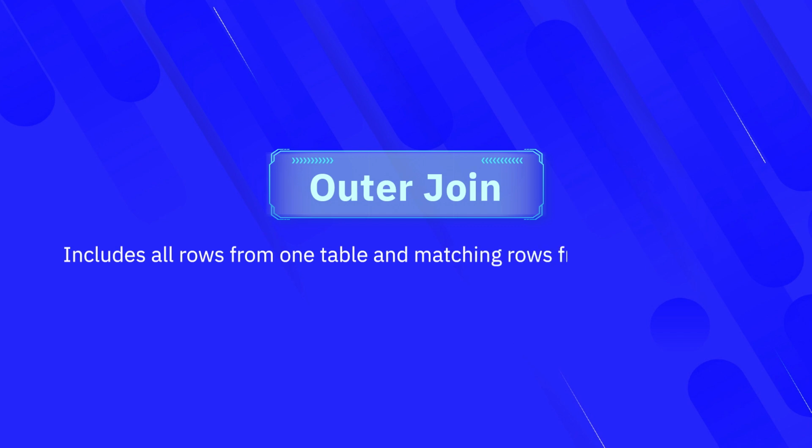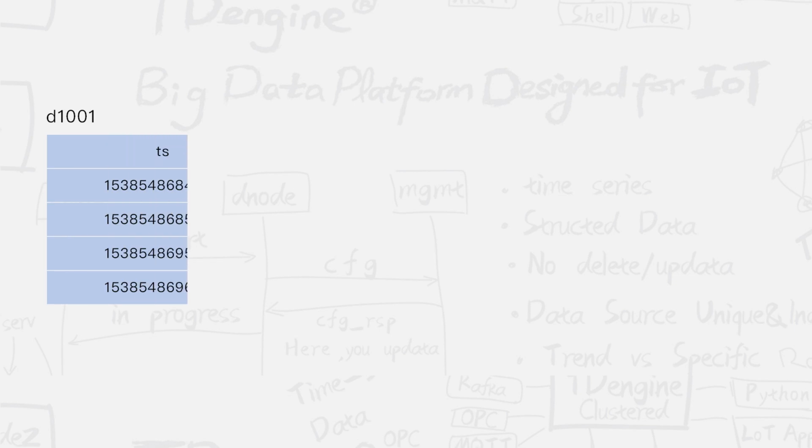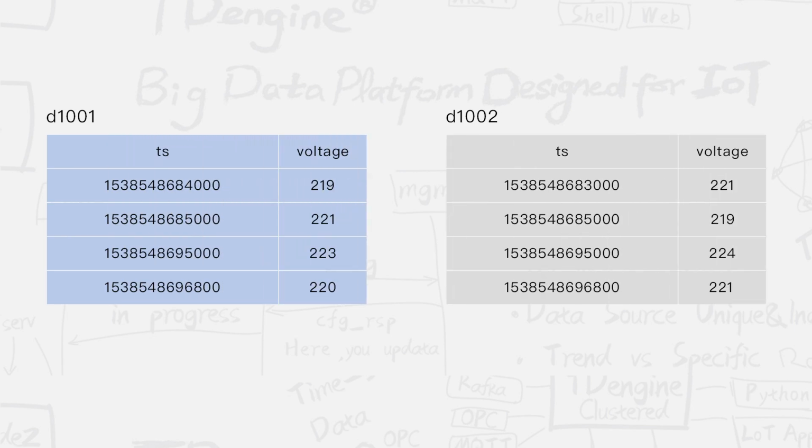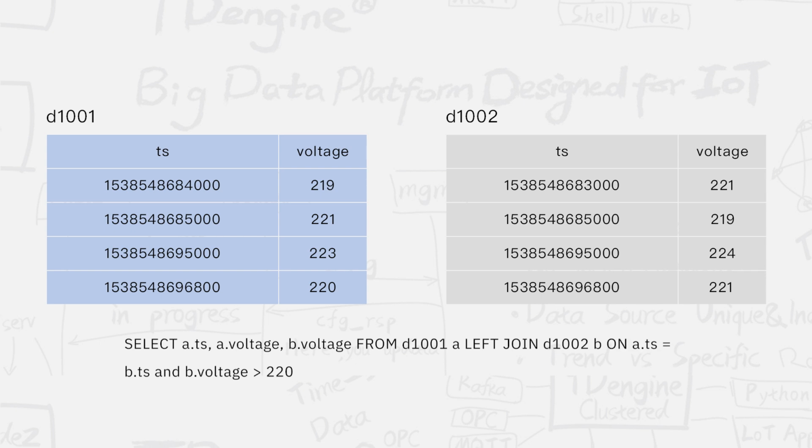An outer join includes all rows from one table and the matching rows from the other table. For a left outer join, it returns all rows from the left table and the matching rows from the right table. If no match is found in the right table, the result will be null for the right table's columns. For example, if we want to get all voltage readings from table D1001 and the corresponding readings from table D1002, where the voltage is above 220, the SQL query would be as follows.